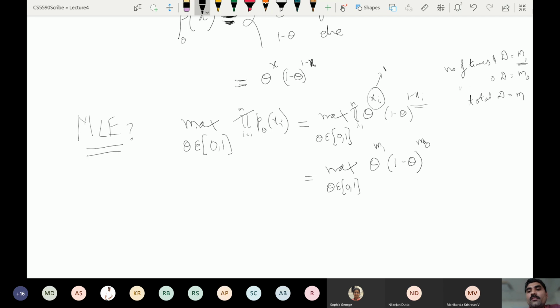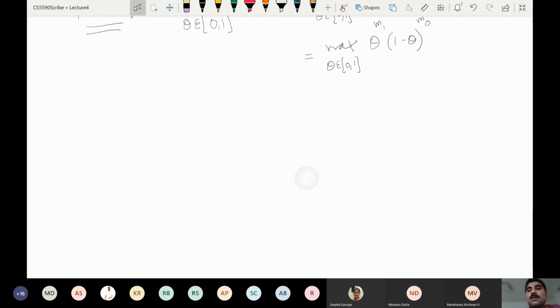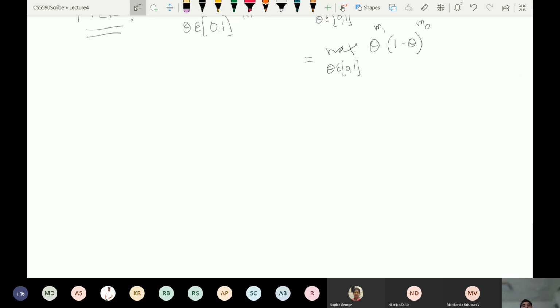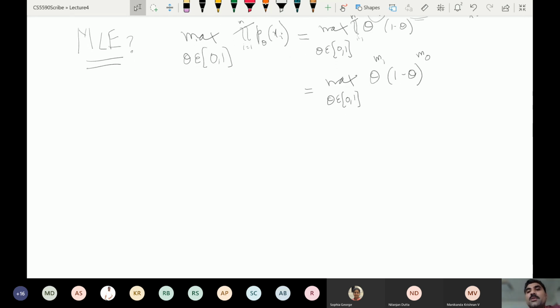Yes, sir. Okay. Now, how will you solve this problem? For any function, if we want to optimize, the first thing we will do is look at its critical values. For example, the function could be some function like this.